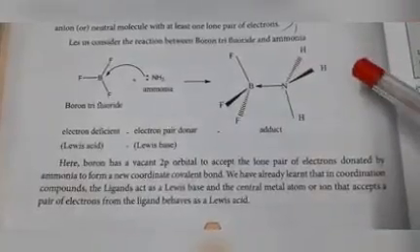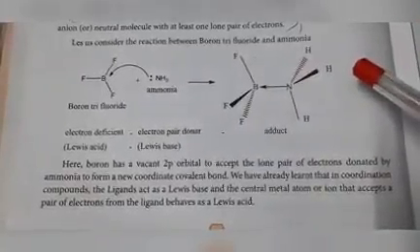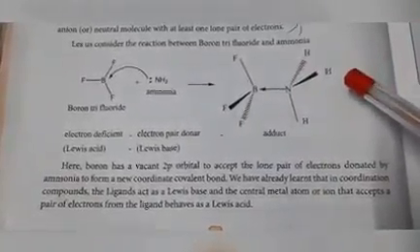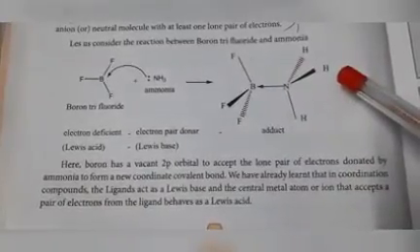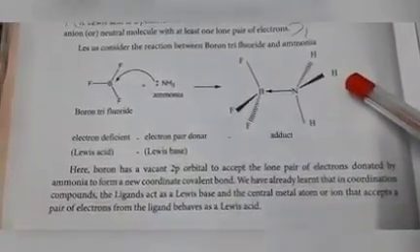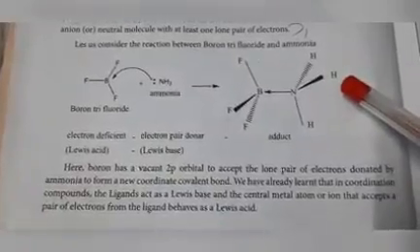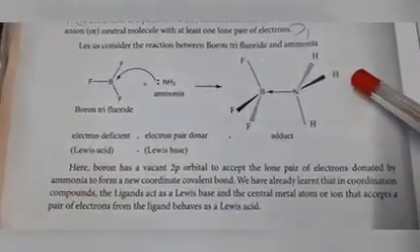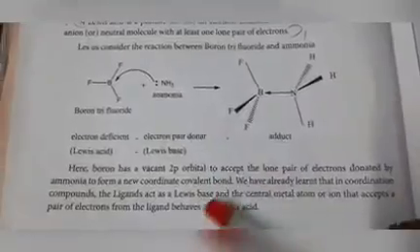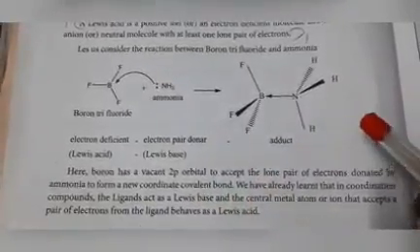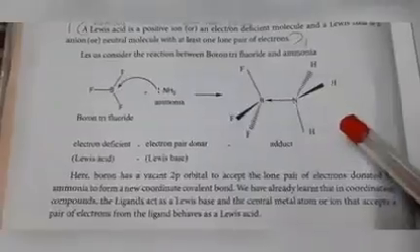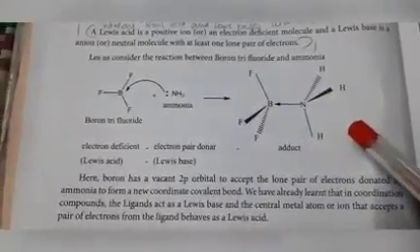We have already learned coordination compounds, where ligands act as a Lewis base, and the central metal atom or ion that accepts a pair of electrons from the ligand behaves as a Lewis acid. These two lines are related to the coordination lesson, which is given in the first volume.